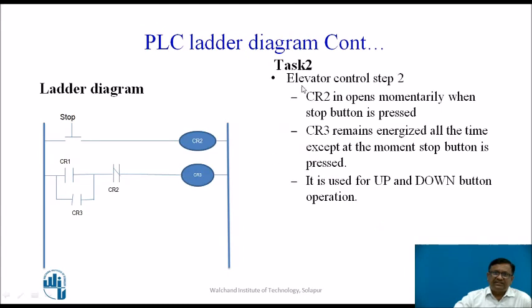Then next is task 2, that is elevator control step 2. Here one intermediate step is required for up and down. What is that step? That is given by this ladder diagram. Here CR2 is open.